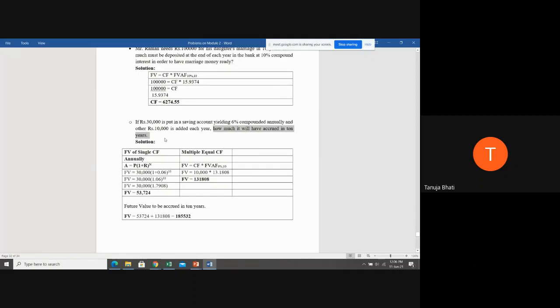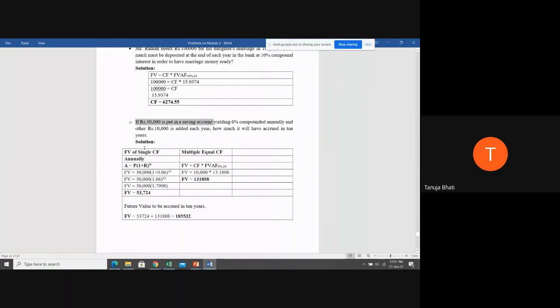For this first 30,000, I am supposed to use the future value of a single cash flow, because this is put in the savings account just once, but rupees 10,000 is added each year. If it is added each year, it becomes an annuity, but if 30,000 is put once, it becomes a single cash flow.